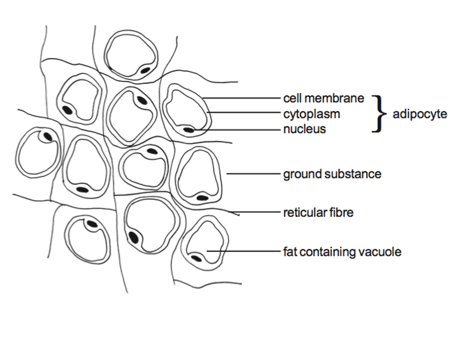And we can see on this diagram that the adipocytes have a cell membrane and a cytoplasm, like any other cell, but those large areas in the middle are fat-containing vacuoles. So when someone puts weight on, those fat-containing vacuoles will expand, meaning that the fatty tissue gets bigger overall.